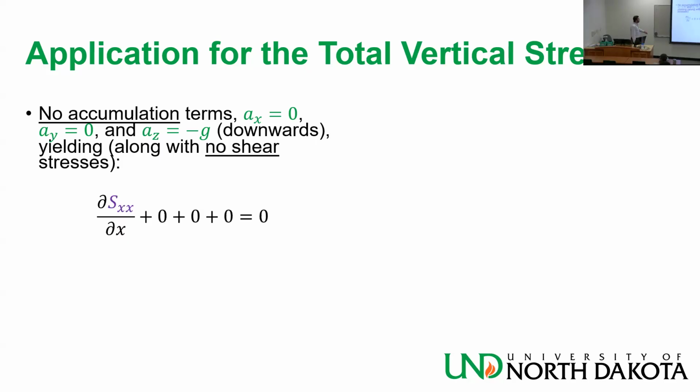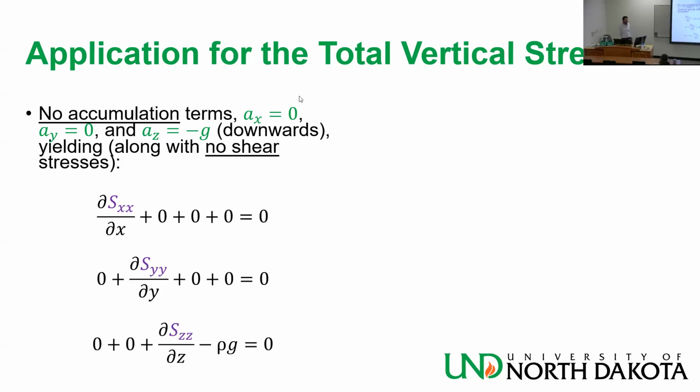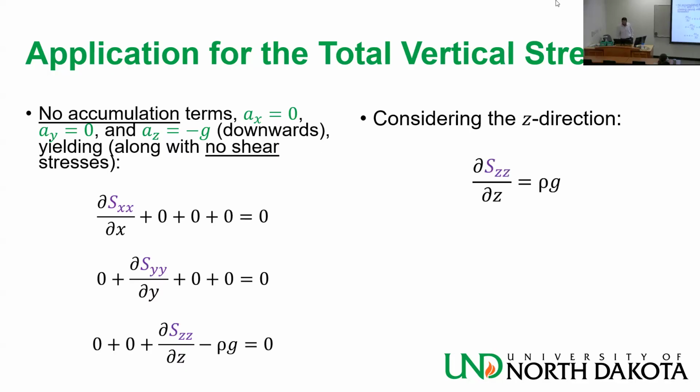So look at the simplification now. X direction. So this is basically saying delta SXX with delta X is 0, right? Look at the Y. And look at the Z. I guess the first two are not interesting, but the last one is very important.